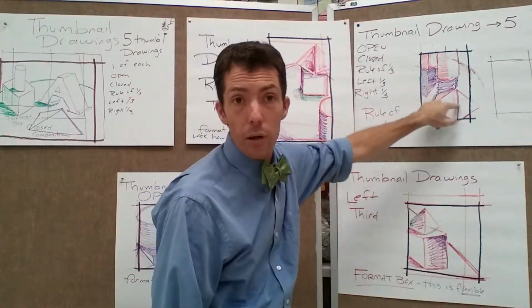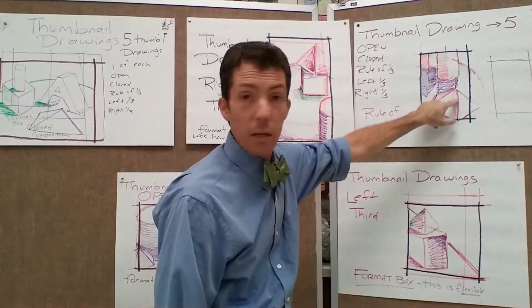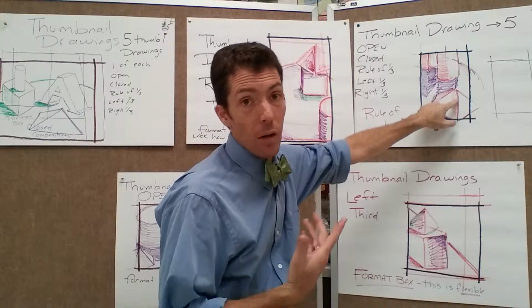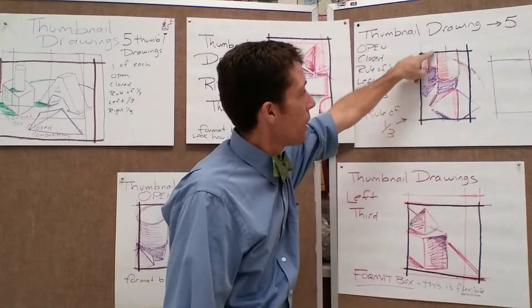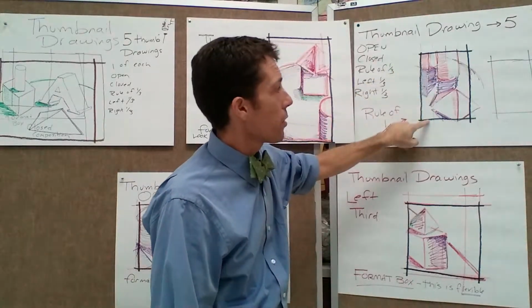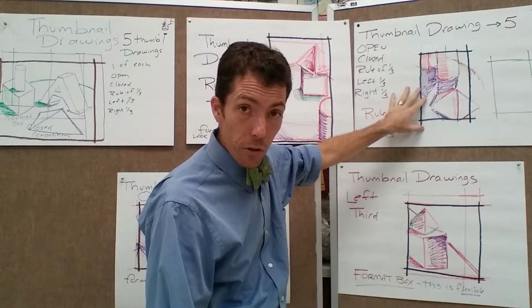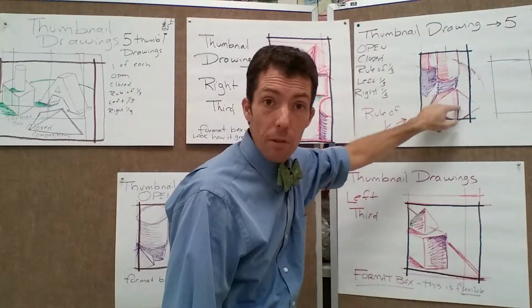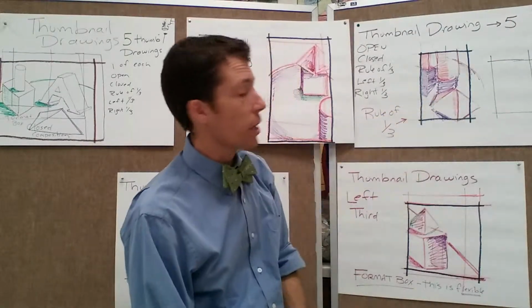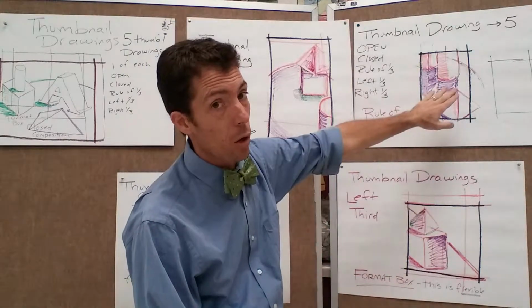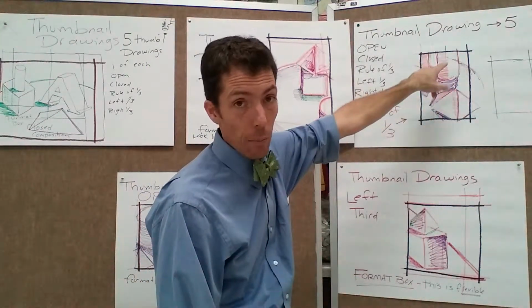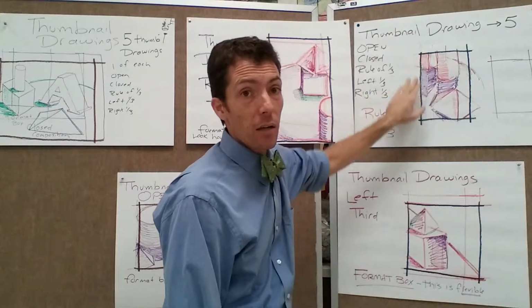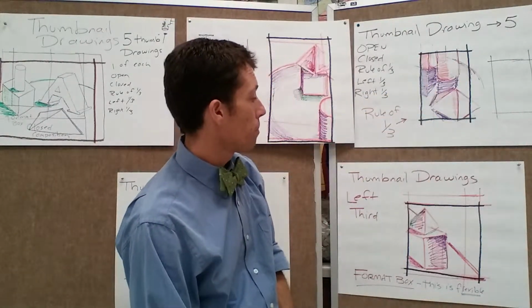And then my focal point, in this case the pyramid, is at this intersection. What I've also done is I've created my other objects that line up on this other vertical. So in rule of thirds, my focal point happens at one of these 4 intersections. It doesn't have to happen in the lower right-hand corner. It can happen in the upper left, or the lower left, or the upper right. But my focal point does happen at one of those 4.